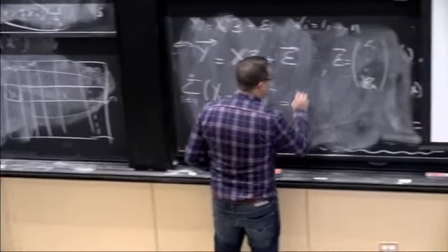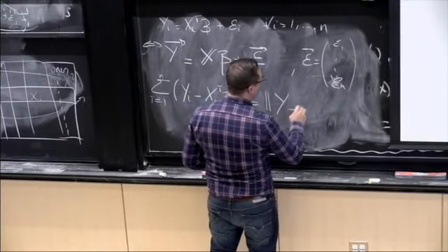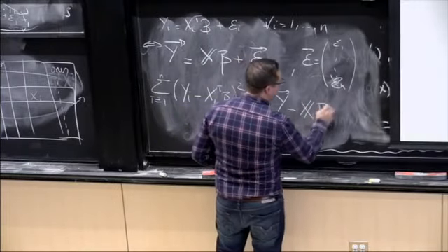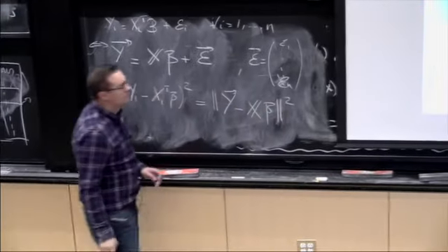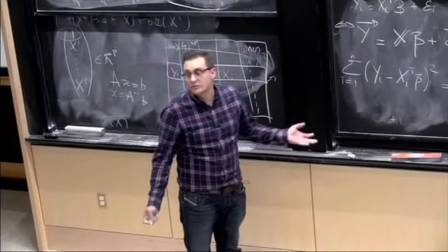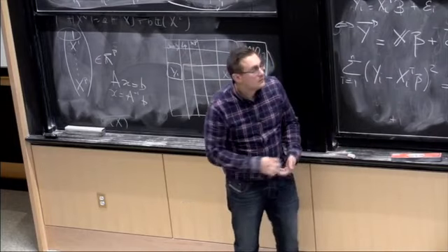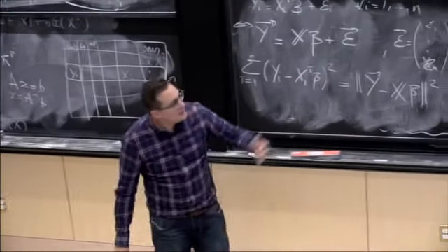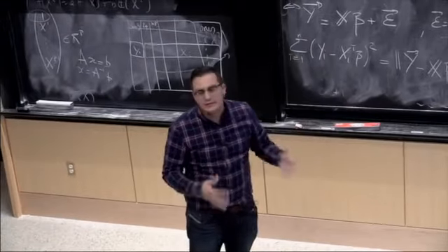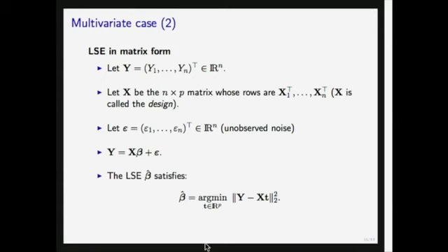So this is actually equal to the norm squared of y minus X beta. That's just, by definition, the sum of the squares of the coordinates. And so now I can actually talk about minimizing a norm squared. And here it's going to be easier for me to take derivatives. All right, so we'll do that next time.